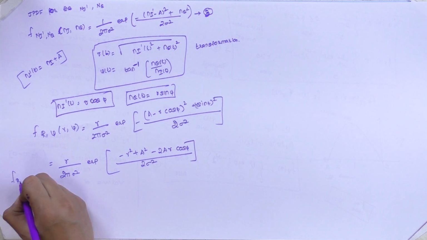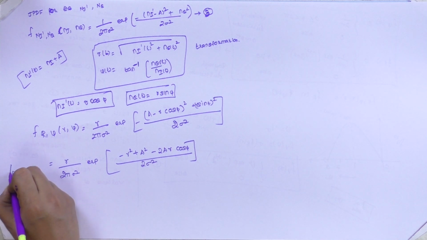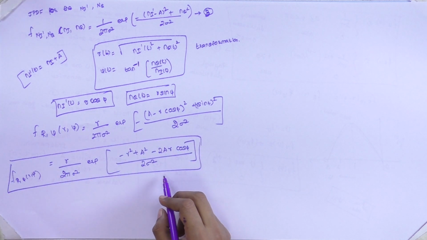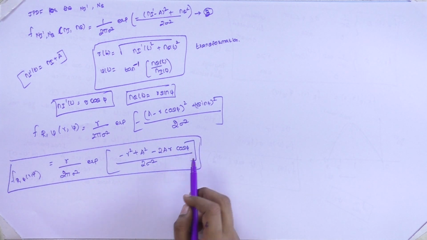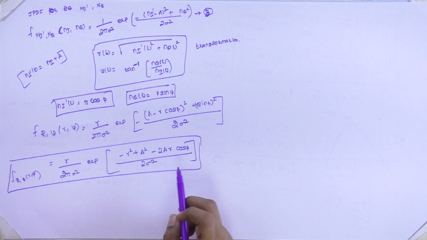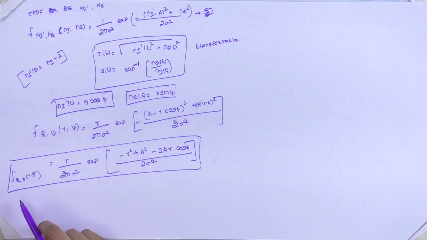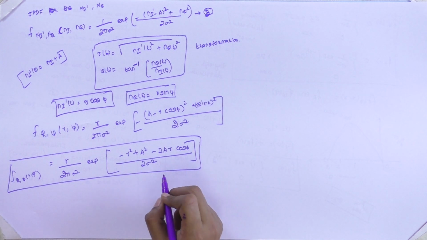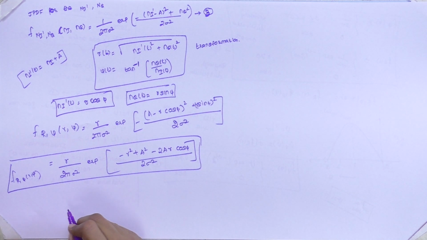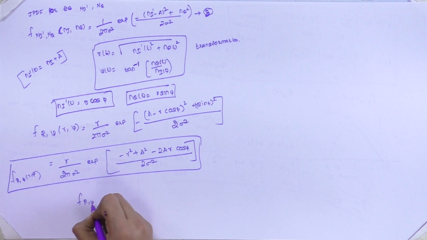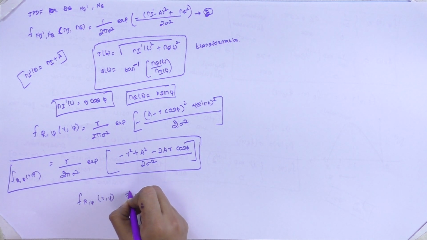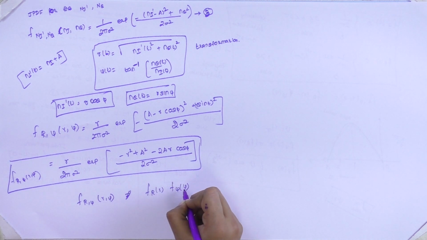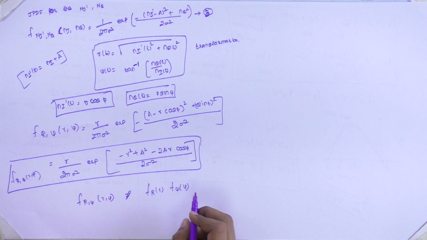Here, unlike in the previous case, the envelope and phase components cannot be written separately because the r and psi components are multiplied together. Therefore, this joint probability density function cannot be written as separate functions. Therefore, f of r comma psi cannot be written as the product of f of r and f of psi.